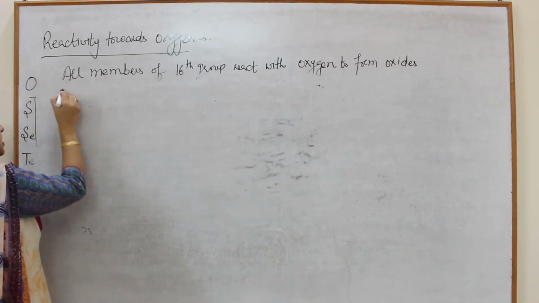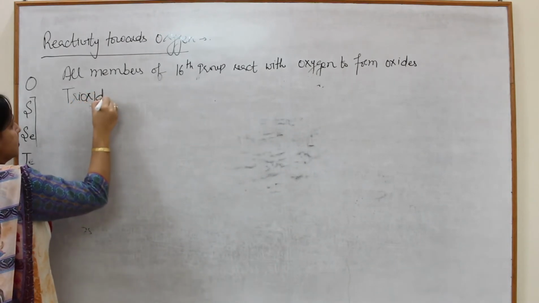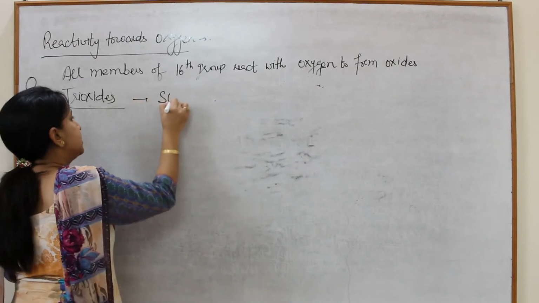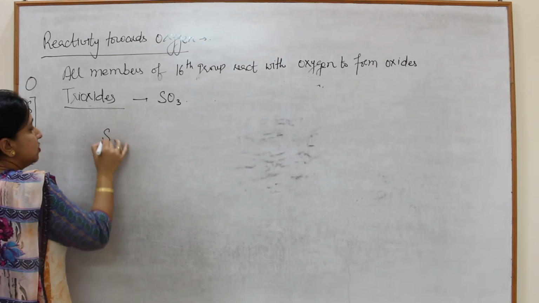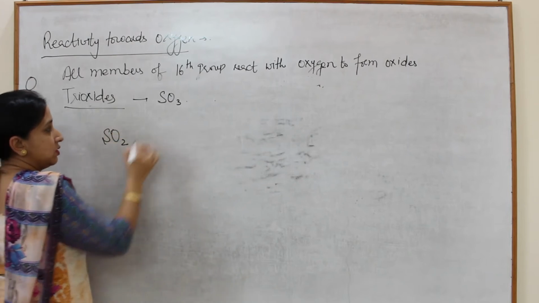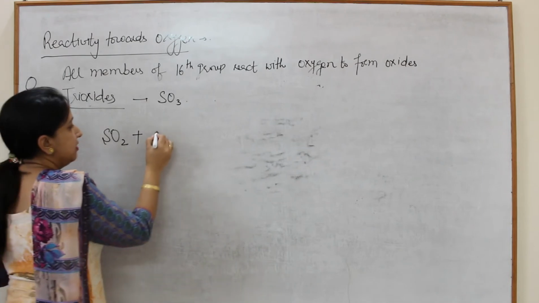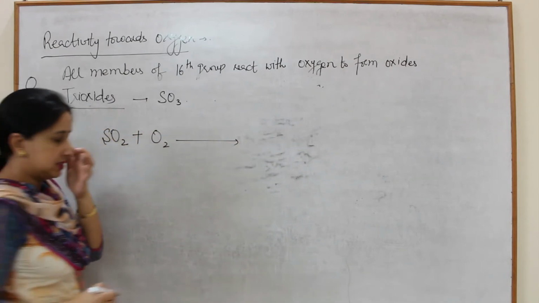Trioxides of 16th group. Trioxide means, for example, SO3. So how will we get SO3? If we heat sulfur dioxide with oxygen in the presence of a catalyst.